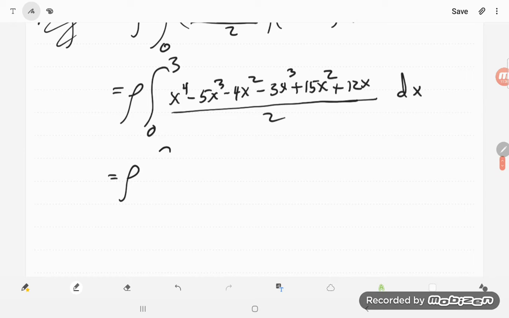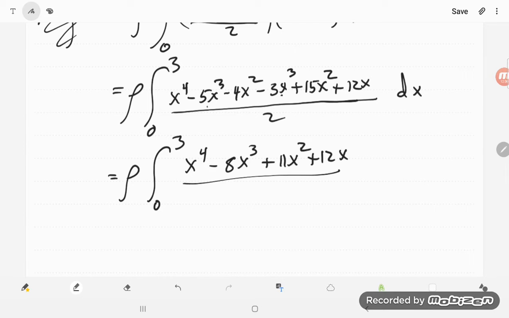So this is rho times the integral from 0 to 3 of x to the 4th, and then minus 8x cubed, and then plus 11x squared and plus 12x all over 2 dx.